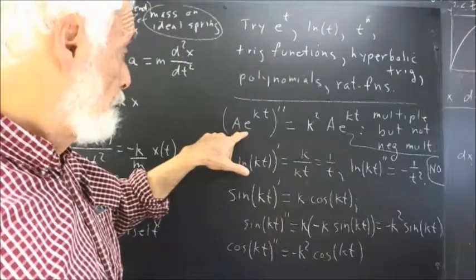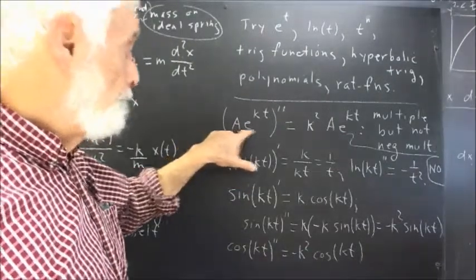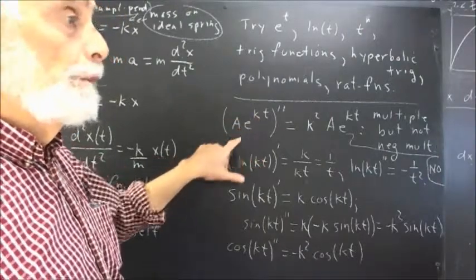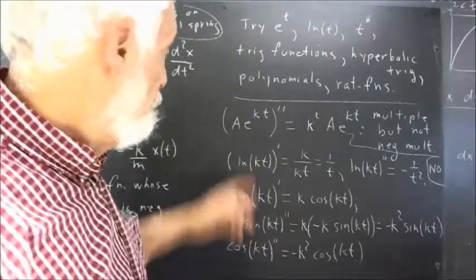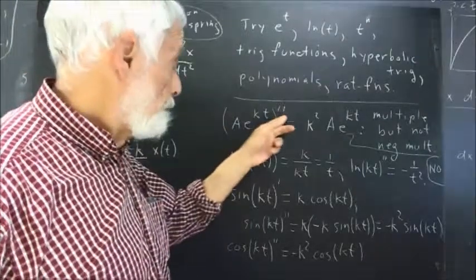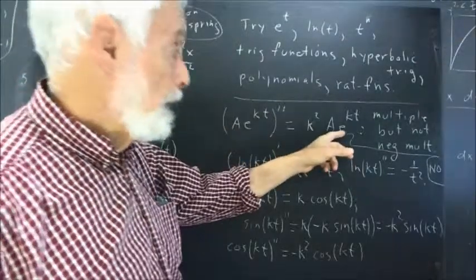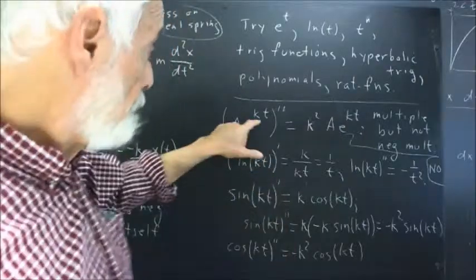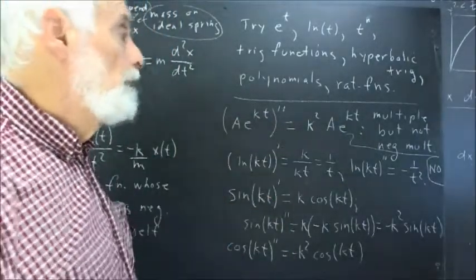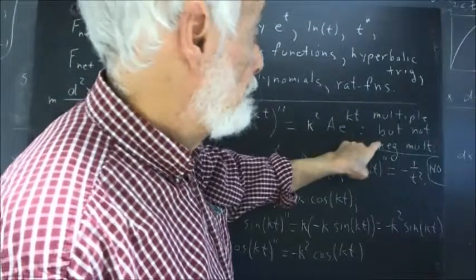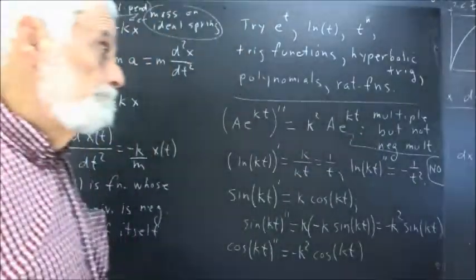So if the function is a e to the kt, which is a general form of an exponential function, then the second derivative is k squared a e to the kt. Chain rule gives us a k for each derivative out in front. Okay? Well, that's a multiple, but not a negative multiple.